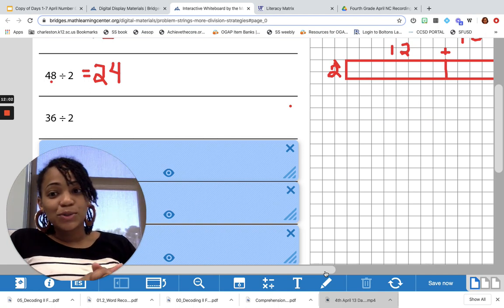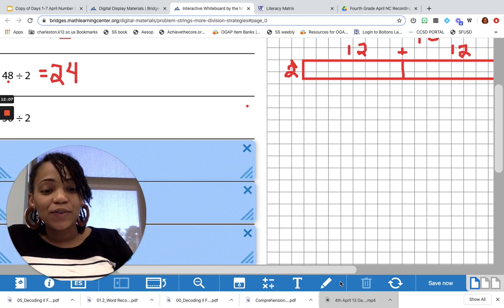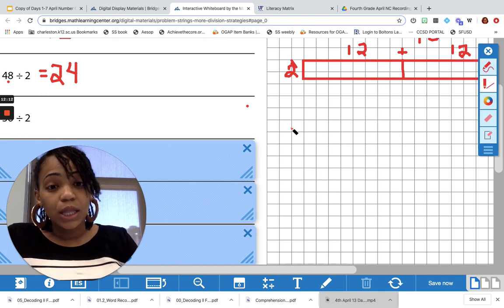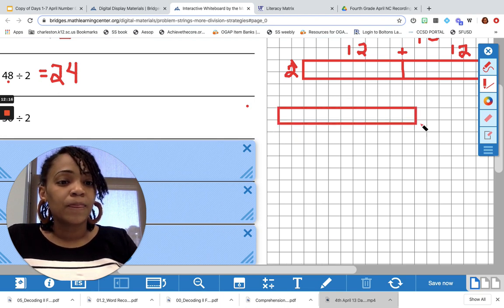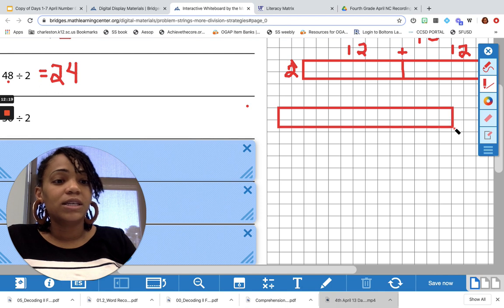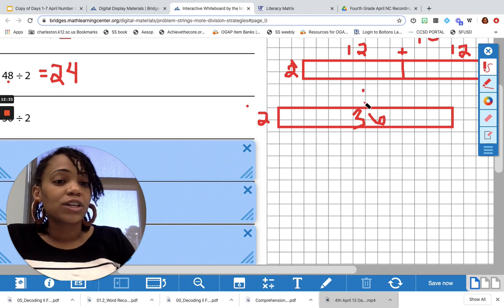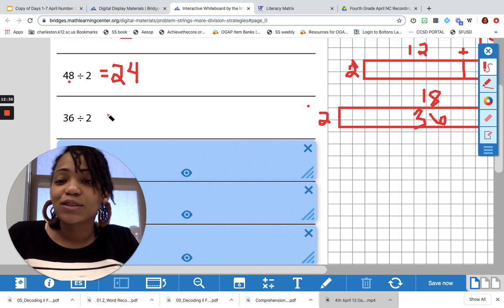Okay, did you say 18? That is correct. So if I were to draw that out, it would look maybe something like this. It would be really long and skinny. So 2, and then 18 would be our answer because this is 36. Here's my 2, and then my quotient goes up here, which would be 18. 2 times 18 is 36, because 18 plus 18 is 36.